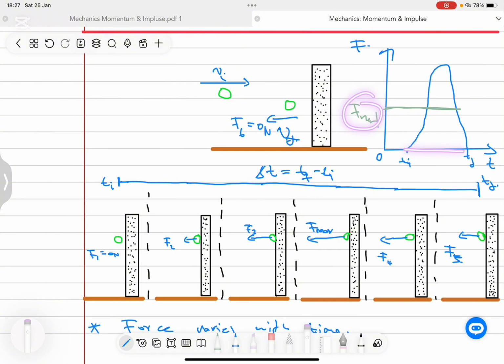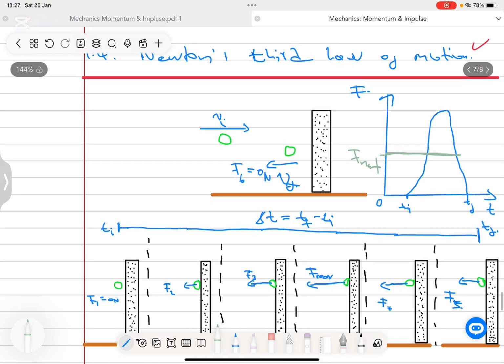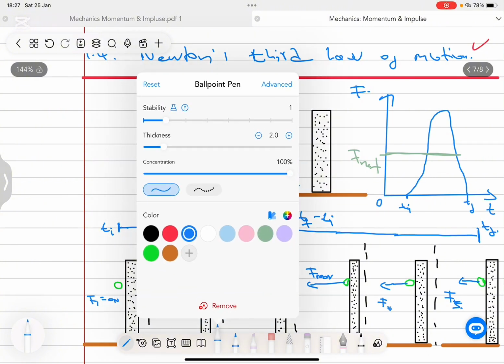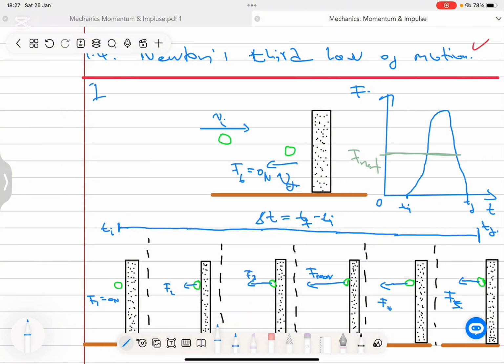Now, we're going to use the net force and the time during which the force acts to define the change in motion that occurs on this ball. And to actually define that effect, we call it impulse.